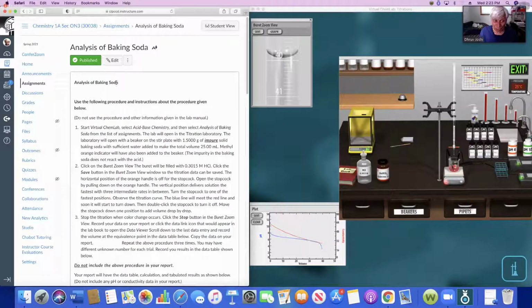We have 1.500 grams of impure solid baking soda, which is not totally sodium hydrogen carbonate. So we want to find out, is this 60% sodium hydrogen carbonate? Is it 90% sodium hydrogen carbonate? We need to find out how many grams of sodium hydrogen carbonate are in the 1.5 grams. Does that make sense now?